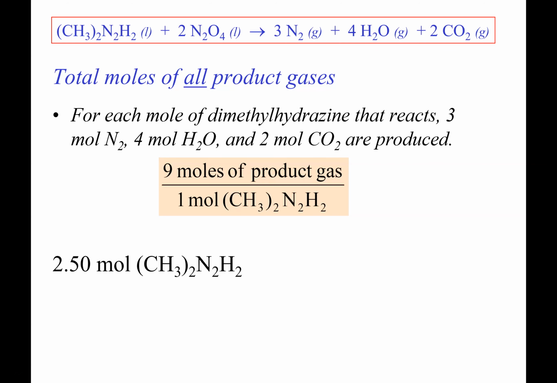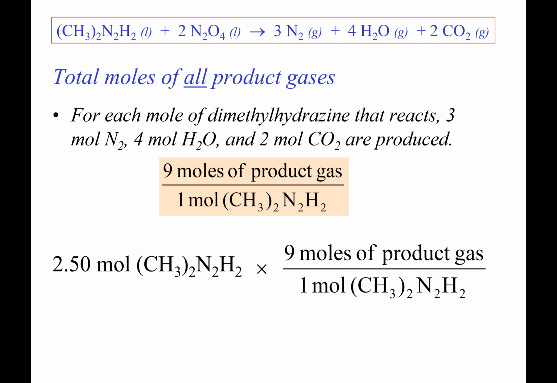Here we go. So we said that in that 150 grams of reactant, we have 2.50 moles of CH3 N2H2 dimethylhydrazine. I put that over 1, and then I can simply bring down this ratio right here: 9 moles of gas produced for every 1 mole of dimethylhydrazine.